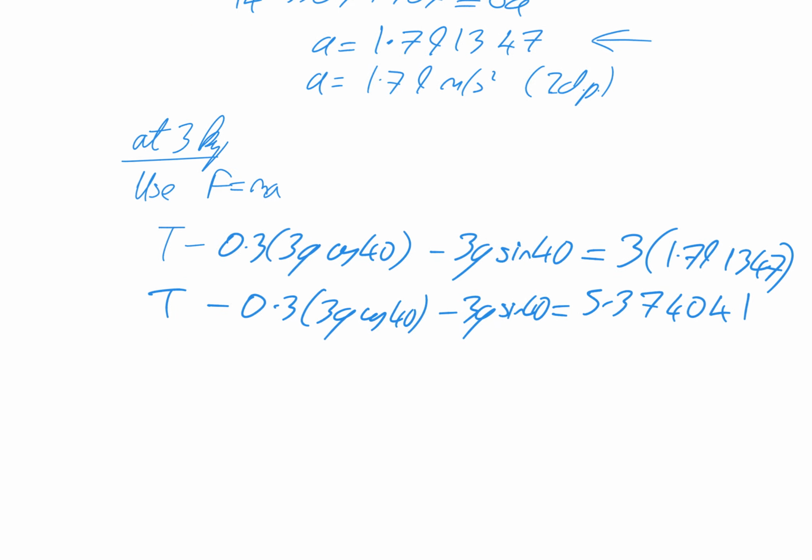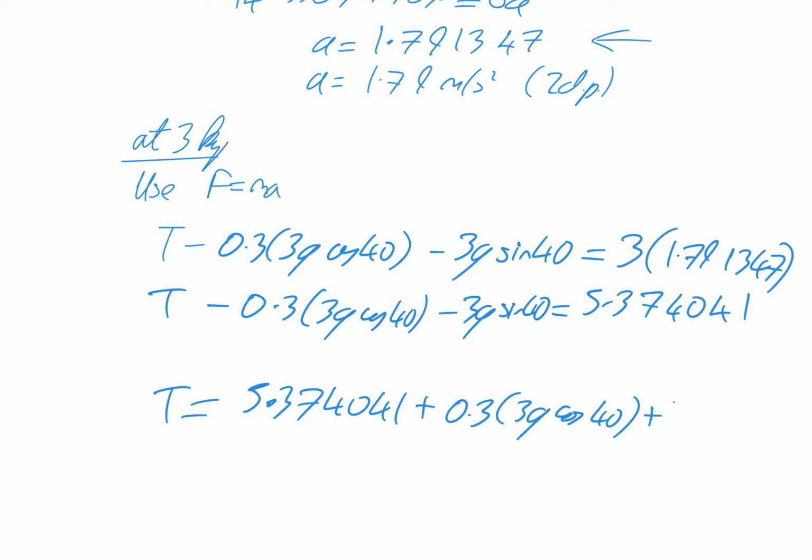And then bring that across, you're going to have T is equal to the 5.374041, which I've got in my calculator, plus 0.3 times 3g cos 40, and plus this time 3g sine 40.